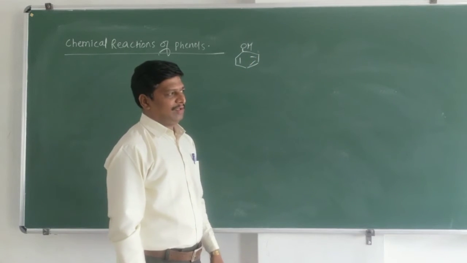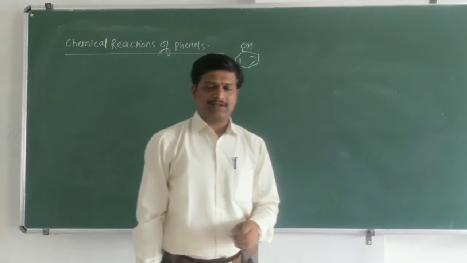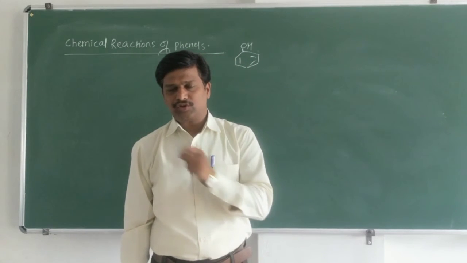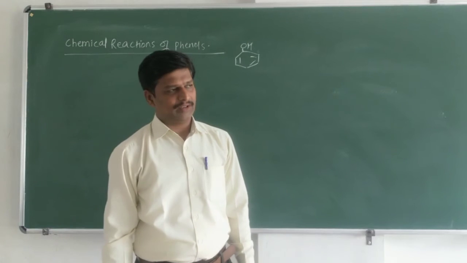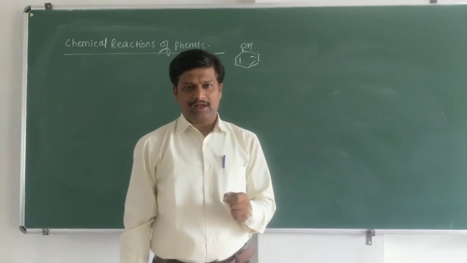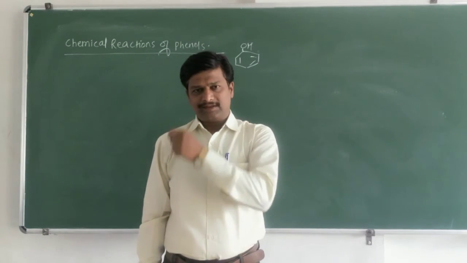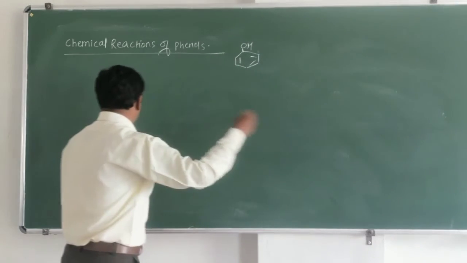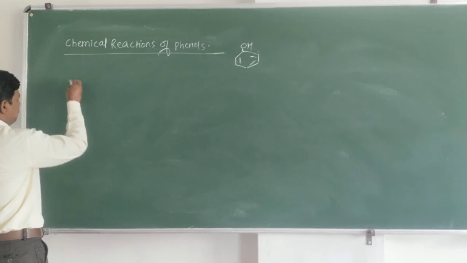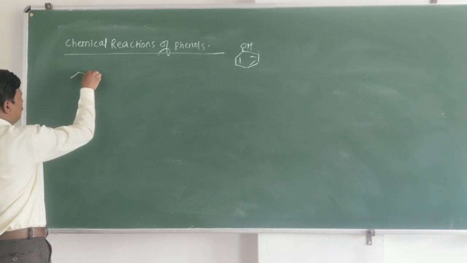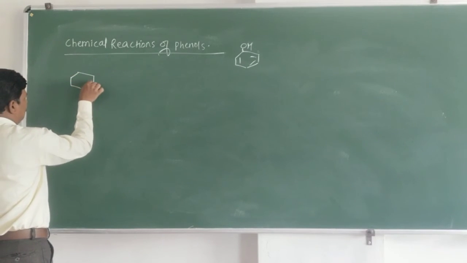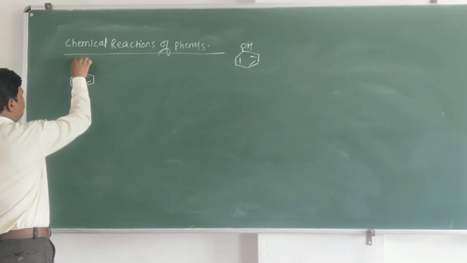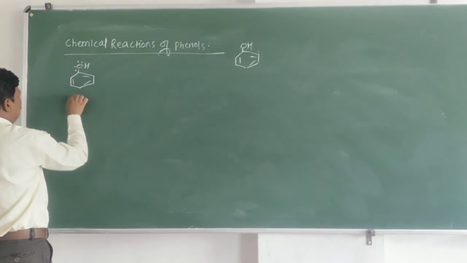And if we see the resonating structures of phenol, the negative charge is at the ortho or the para positions. Now, I would like to draw the resonating structures of phenol. This should be our phenol.